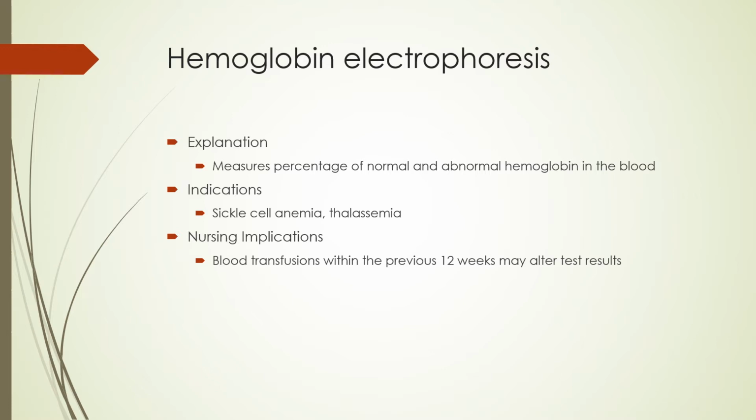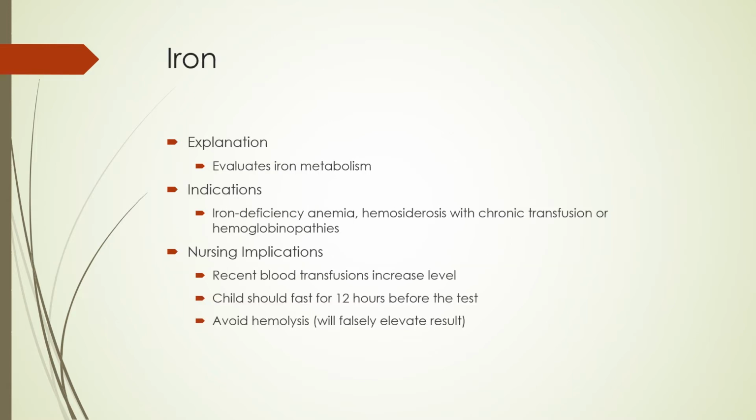Measures the percentage of normal and abnormal hemoglobin. Blood transfusions within the previous 12 weeks can alter the test results because you may be picking up the donor's hemoglobin. So it's important to note that if you're having a hemoglobin electrophoresis done on a child.